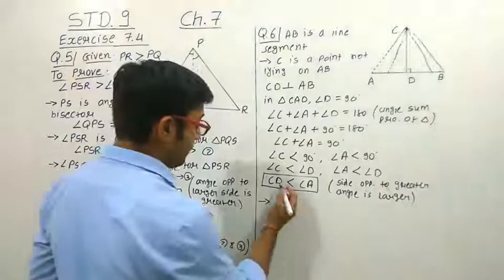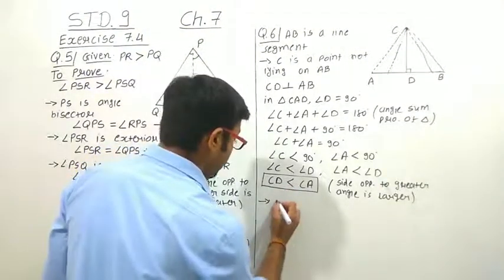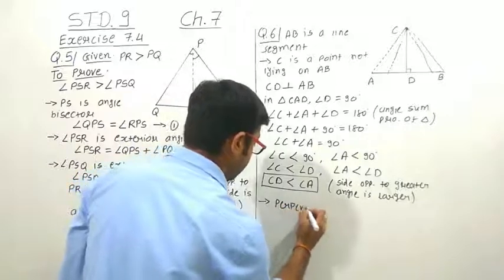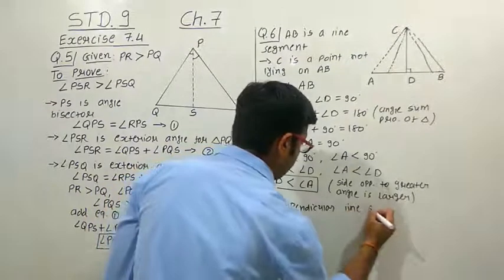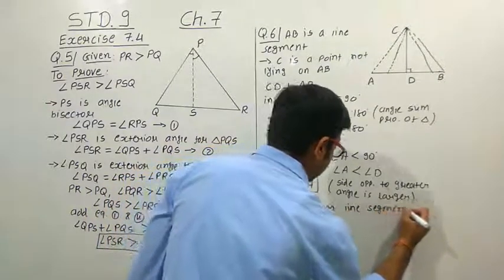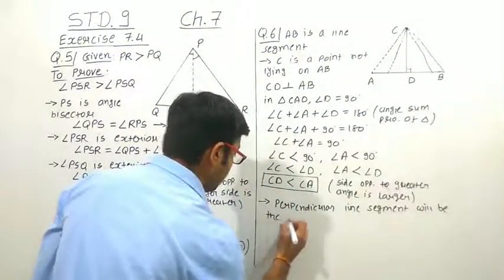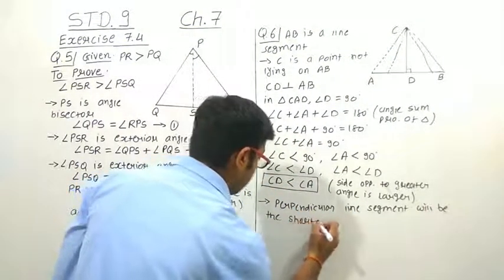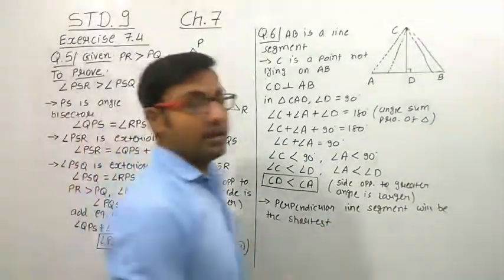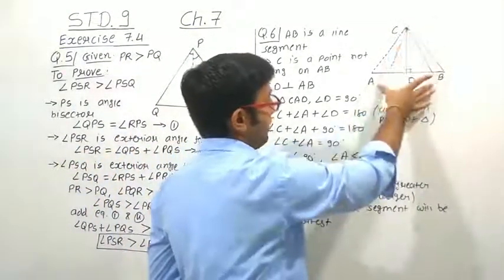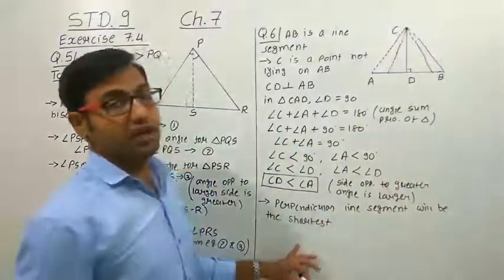So from this we can say that the perpendicular line segment will be the shortest. Out of all the line segments we can draw from this point to this line segment, whatever is the perpendicular will be the shortest.